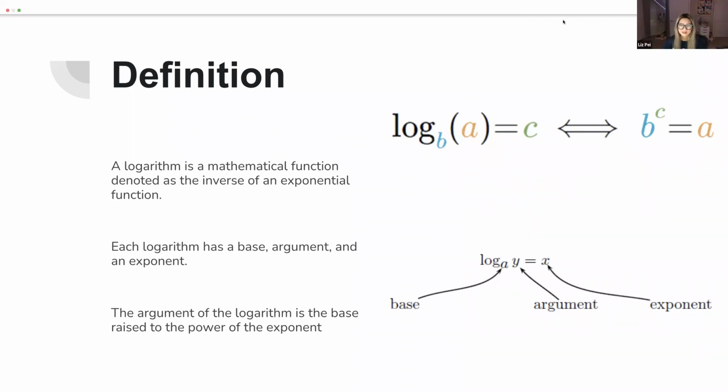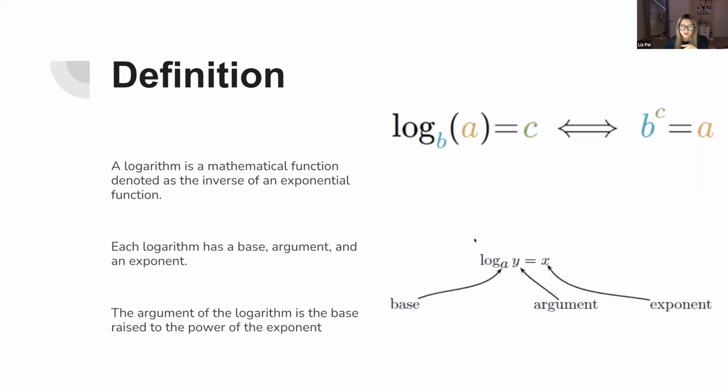Oh, sure. Okay, so the definition of log. Usually when we talk about log, you can also think about exponents because they are related to each other. A logarithm is a mathematical function denoted as the inverse of an exponential function, and each logarithm has a base, argument, and an exponent.